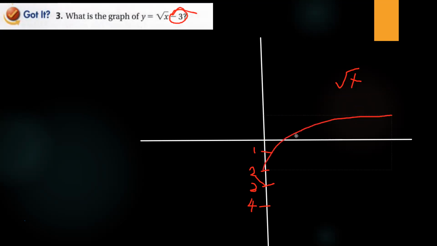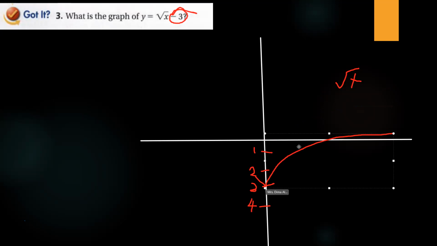Now I want the square root of x minus 3. What does it mean? That means I want to shift it down 3 units. We have a negative sign, so I have to shift it 3 units down. So 1, 2, 3. So the graph will be like this. Is it clear? Yes, teacher. Thank you. You're welcome.